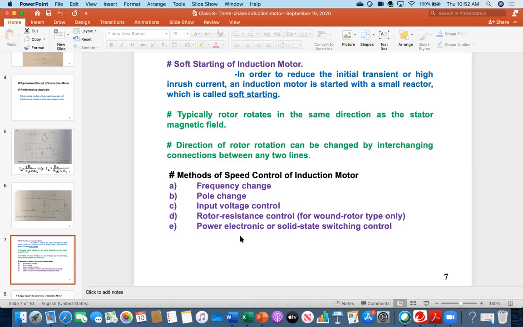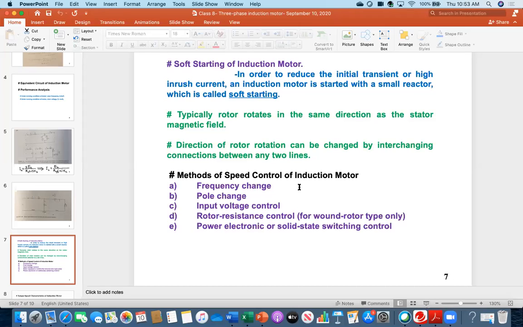I have written down those 5 standard methods that you have to remember and then understand. What is the first one? Frequency change. Which frequency? The supply voltage frequency, which is the stator frequency. If you change the frequency, then your speed will change.